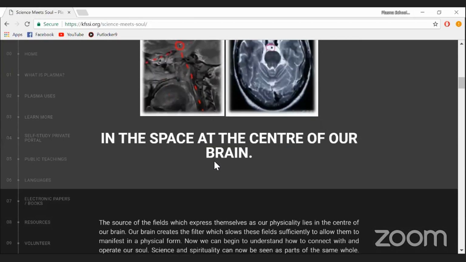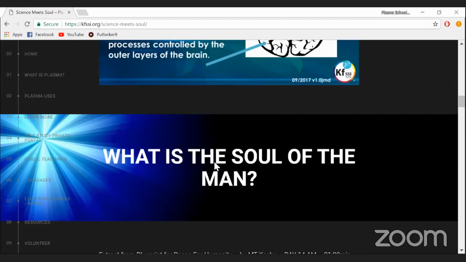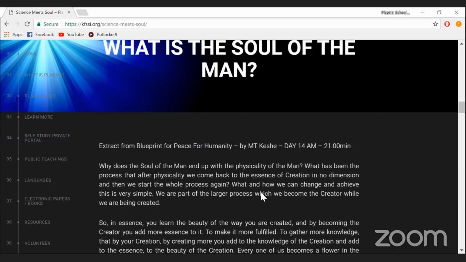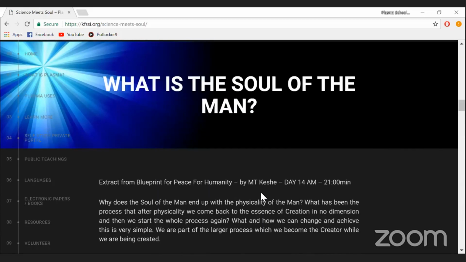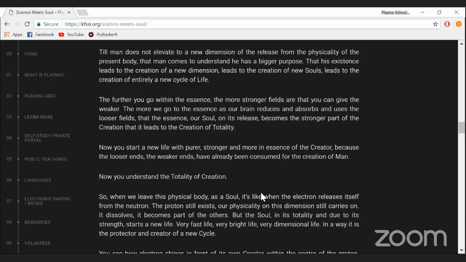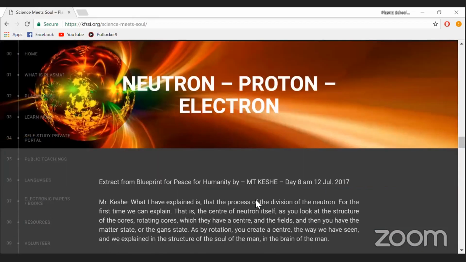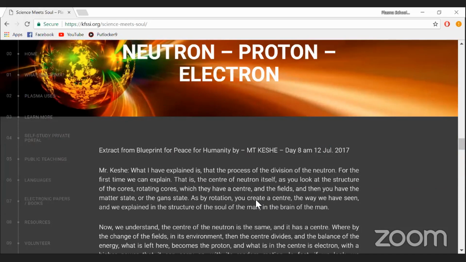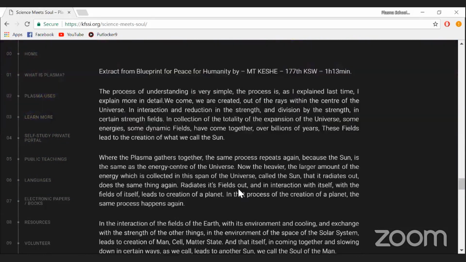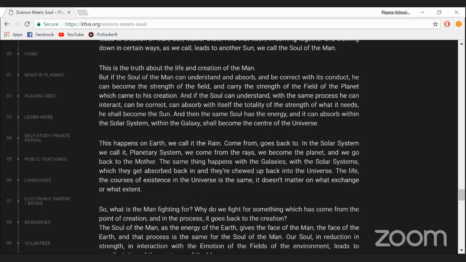So what we've done here, to get people very interested and wanting to learn more, is to find three nice passages which explain the soul of man, the neutron, proton, and electron, and the other one that we found was understanding the creation. This is just the tip of the iceberg of the information that is available on the soul.